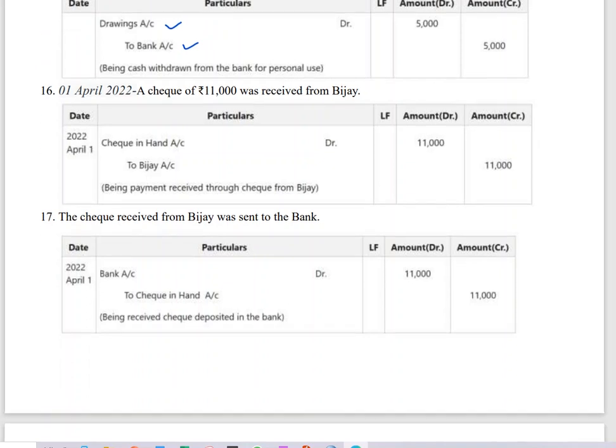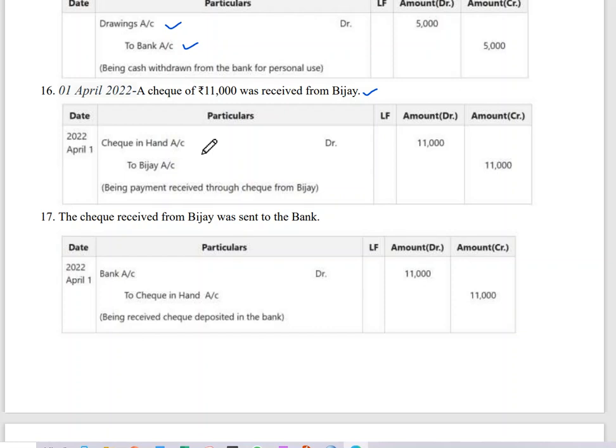Next, on 1st April 2022, a check of 11,000 was received from Vijay. That means on that particular date, a check has come into our hand.